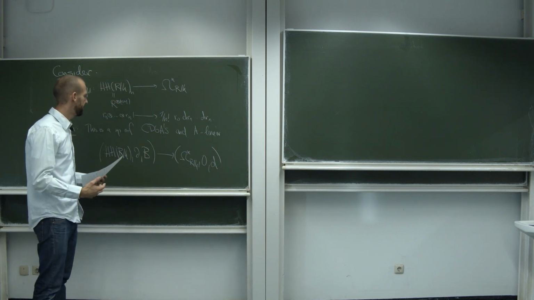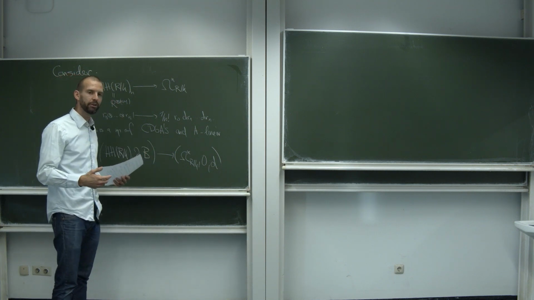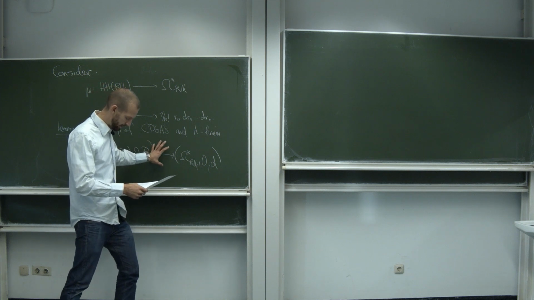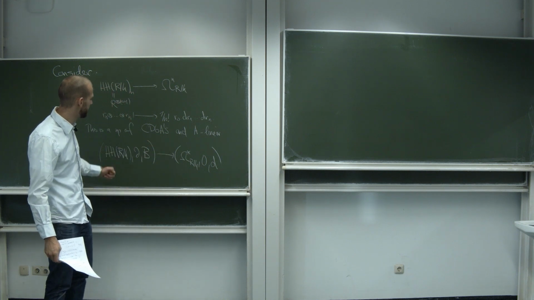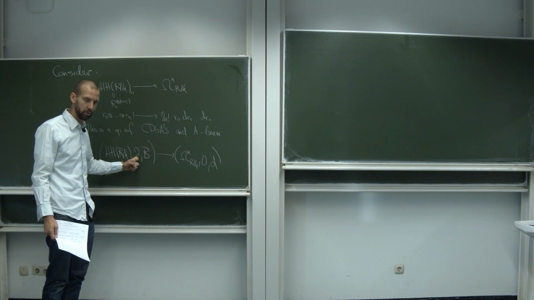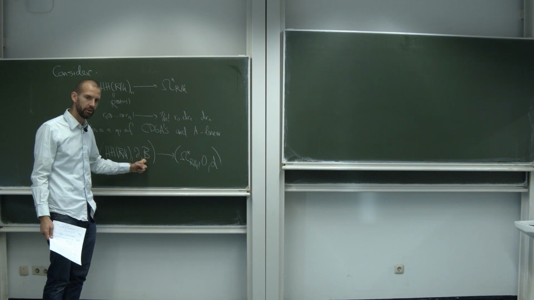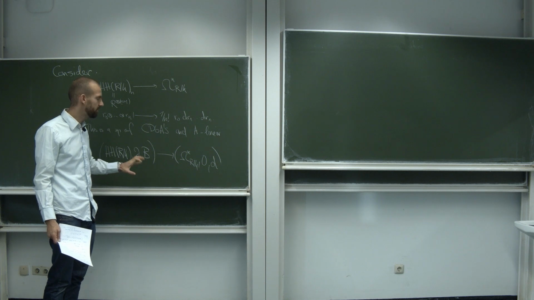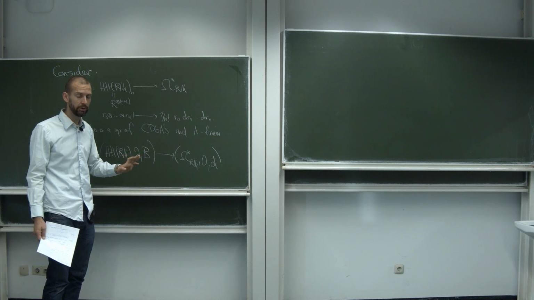And again, there's a little bit of a catch here. I'll prove that result in a second. Namely, these two structures are not really compatible with each other. So this is not a derivation on the nose, but we've seen that this didn't matter for all the formulas we wrote down.